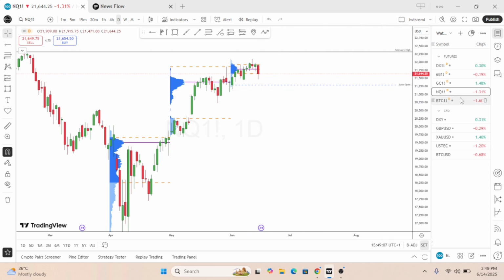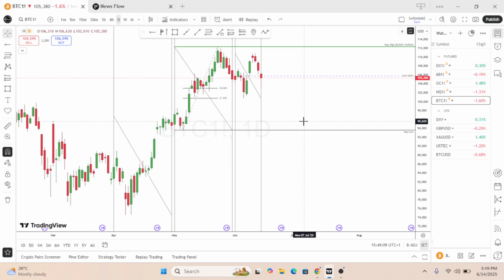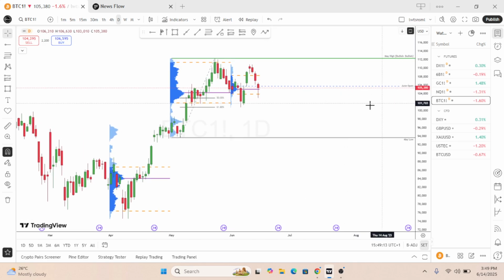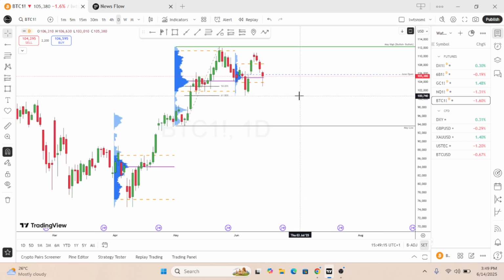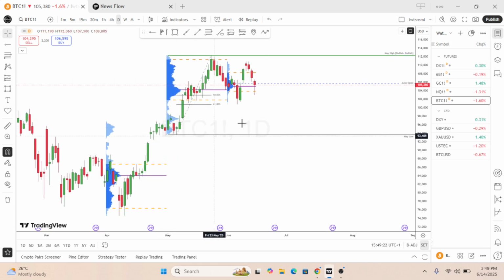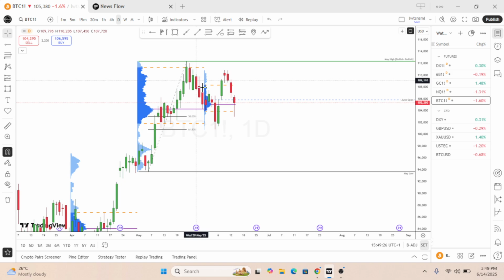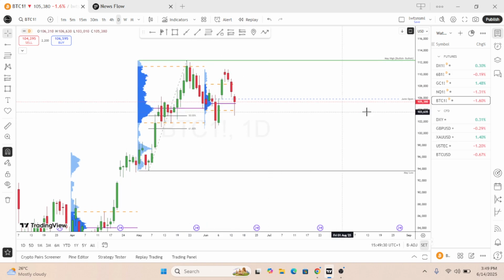So on Bitcoin, I really thought we were going to push into May's high because value shifted upward for last month, no substantial retracement, and this month we had a retracement into the 50 to 61.8% Fibonacci retracement level, and we did have this buyback from the value area low from last month.